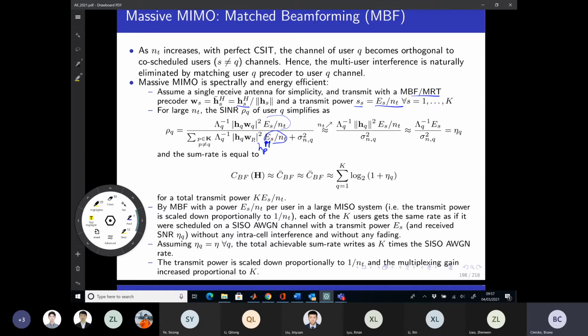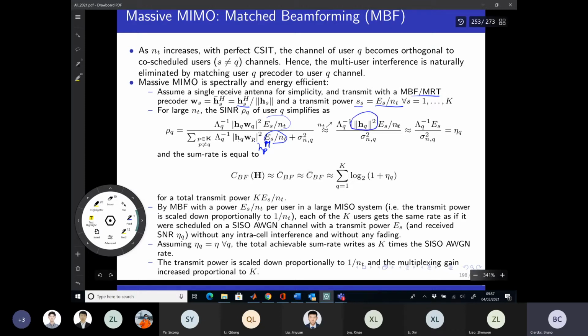So what I will end up with is the SNR of a single user transmission, where on average I have a certain beamforming gain.